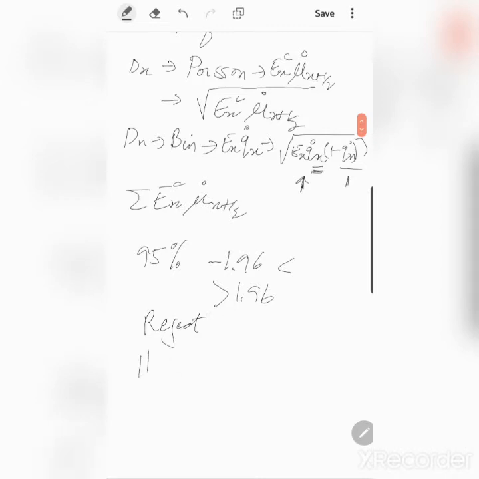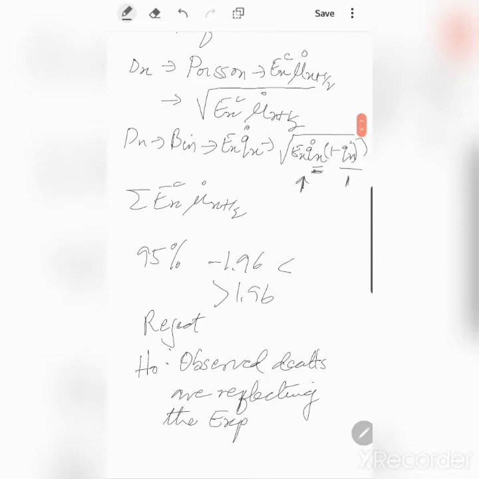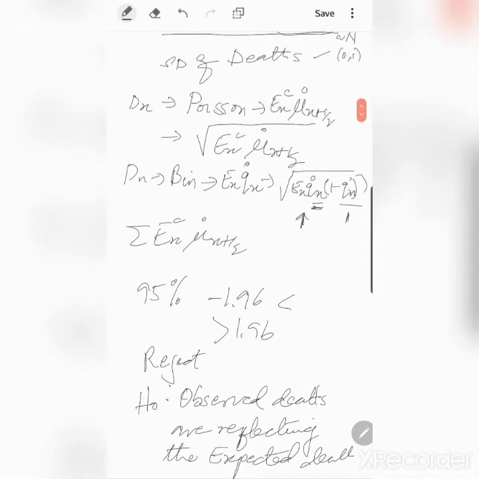The null hypothesis is that the observed deaths are reflecting the expected deaths, fitting the actual values to a large extent.